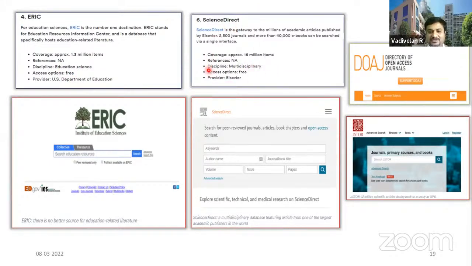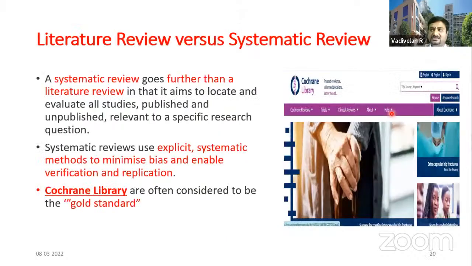Then mostly we go with ScienceDirect to collect journals, full-length articles, and ebooks. Some are free and for some we have to go for a subscription. The provider is also Elsevier. Like that, so many databases are there, so we may choose the relevant databases that are required for us.